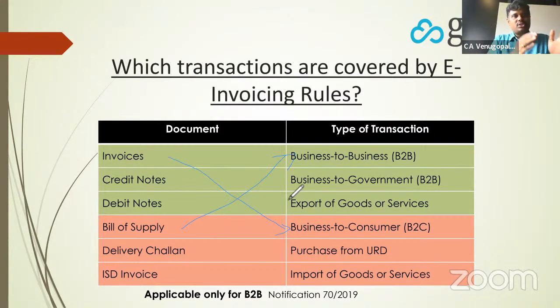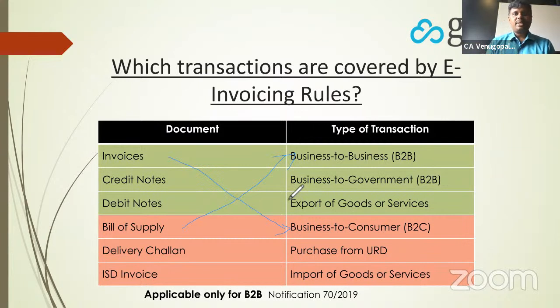If an invoice is issued to an unregistered person, or if I'm making an exempted supply for which I have issued a bill of supply to a registered person, in both scenarios e-invoice is not applicable. For e-invoice to be applicable, it has to be an invoice and issued to a B2B person.